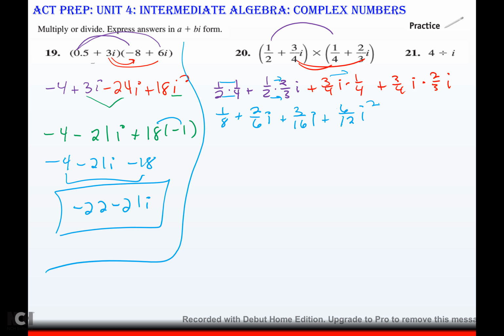Alright, so what I can do now is I'm going to reduce those fractions. So I have 1/8 plus 1/3 i plus 3/16 i plus, that reduces to 1/2 times negative 1. If I put these in order, I have 1/8 minus 1/2, and then I have plus 1/3 plus 3/16 i's.